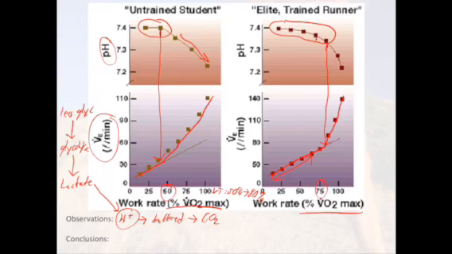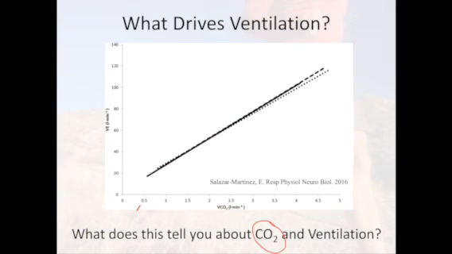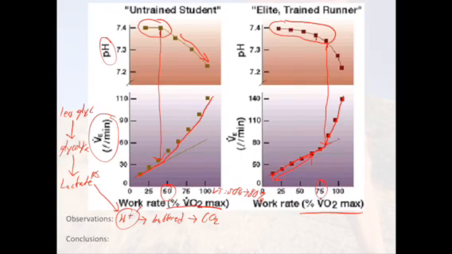If you use less glycolytic system, you produce less lactate and less hydrogen ion. That's going to lead to less CO2 production, which leads to a decrease in ventilation.